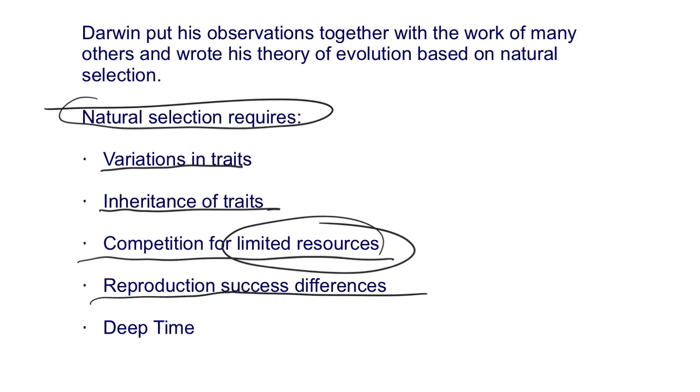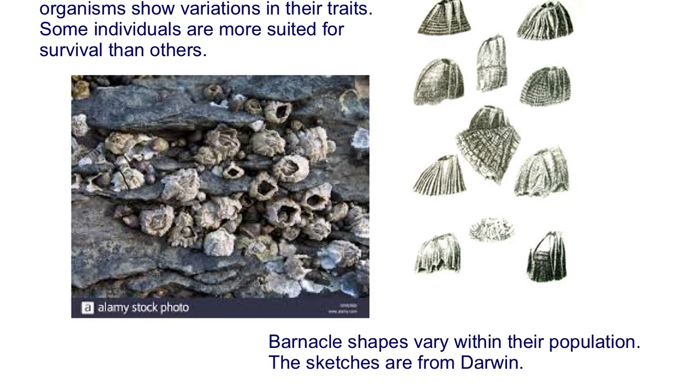Then, of course, this happens, macroevolution happens over a long period of time. Microevolution happens fairly quickly, comparatively. So everywhere Darwin looked, he saw variation within a population.